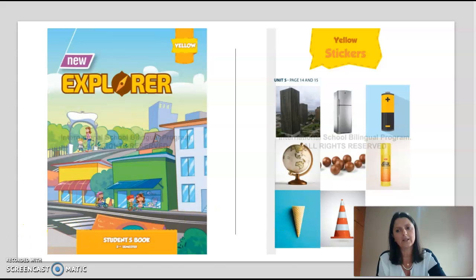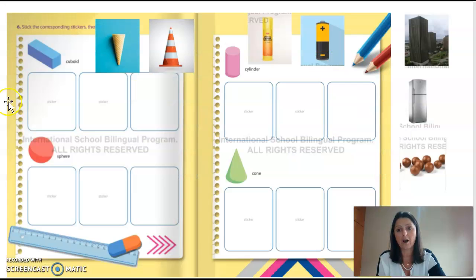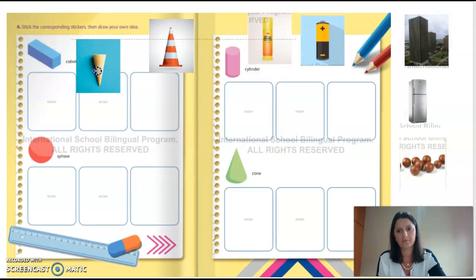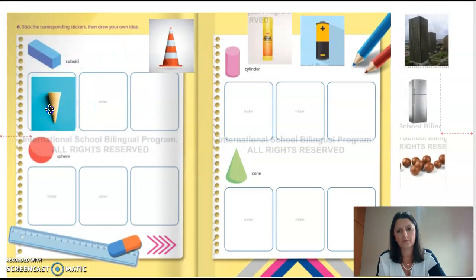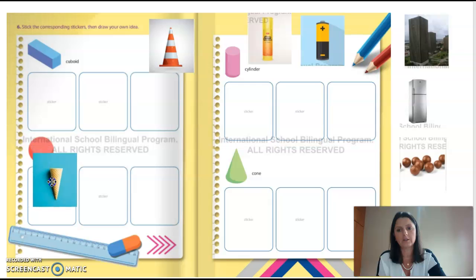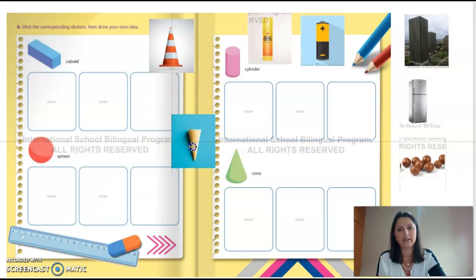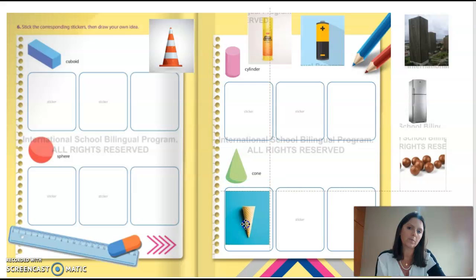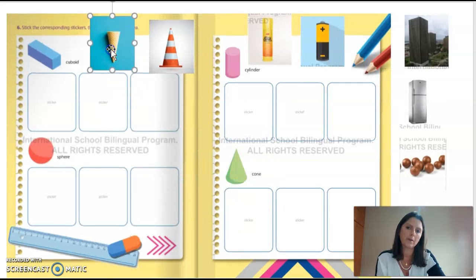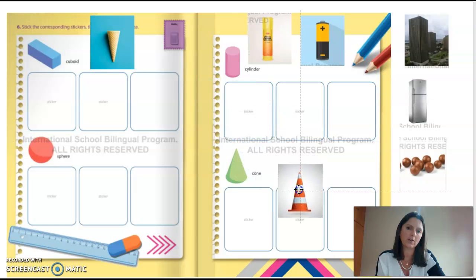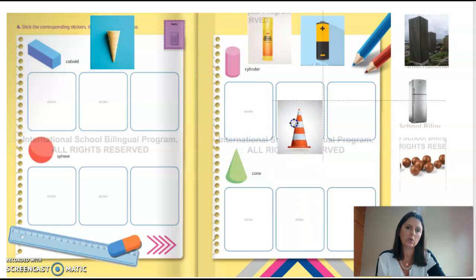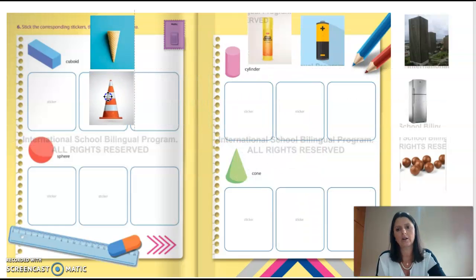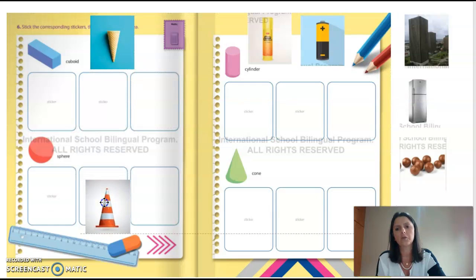Okay? The stickers we have are: this is a cuboid, this is a sphere, this is a cylinder, or this is a cone. Okay? Another sticker here. Is this a cone, a cylinder, a cuboid, or a sphere?